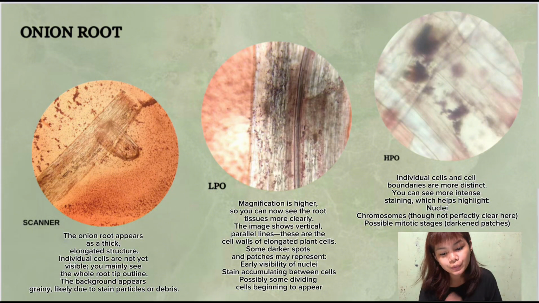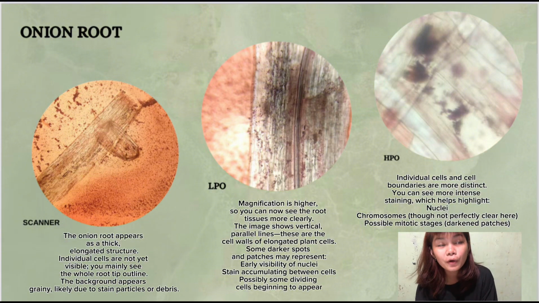In the scanner view, at the lowest magnification, we can only see the overall structure of the root tip. The tissue appeared intact, but no distinct cellular details were visible. Since mitotic stages require individual cells to be seen clearly, this magnification did not reveal any signs of cell division.